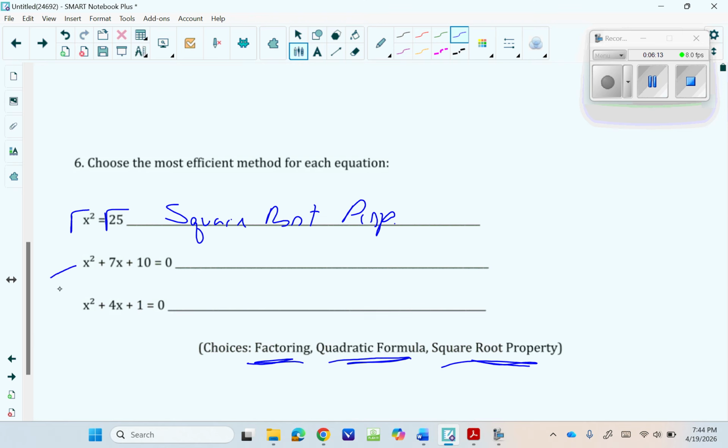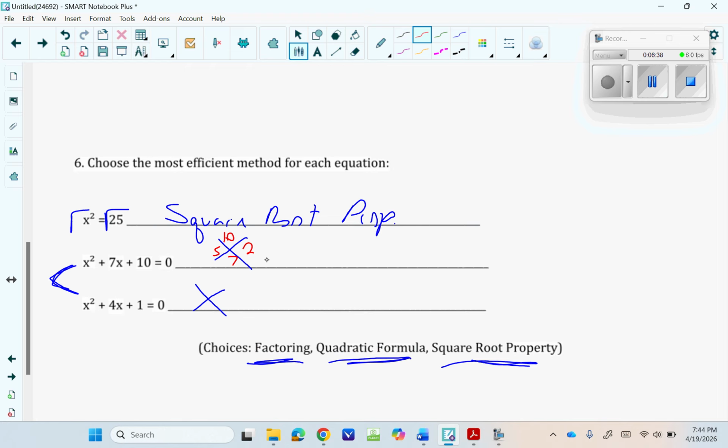Okay, between these two, these are kind of difficult. So what I would do is start off by doing an X on both of them and see which one you can't factor. And that one you're going to have to use the quadratic formula. So let's see. For this one, I'm going to put a 10 on top and a 7 on bottom. So 2 factors of 10 that add to give me 7.